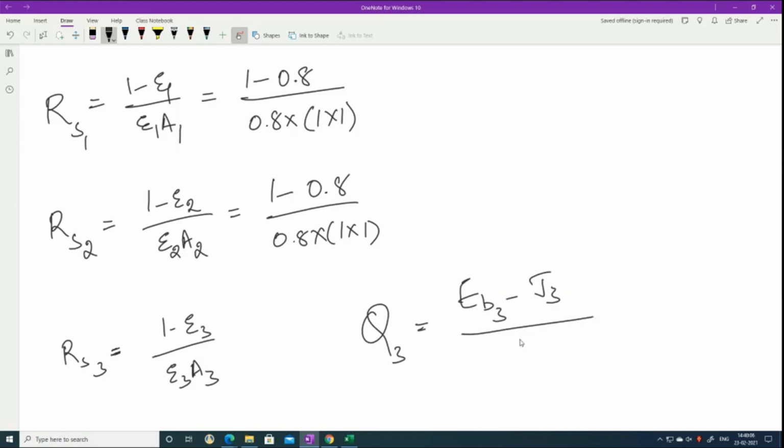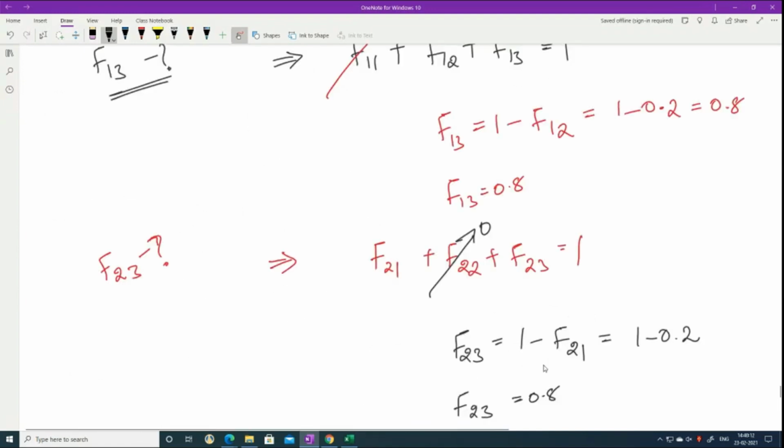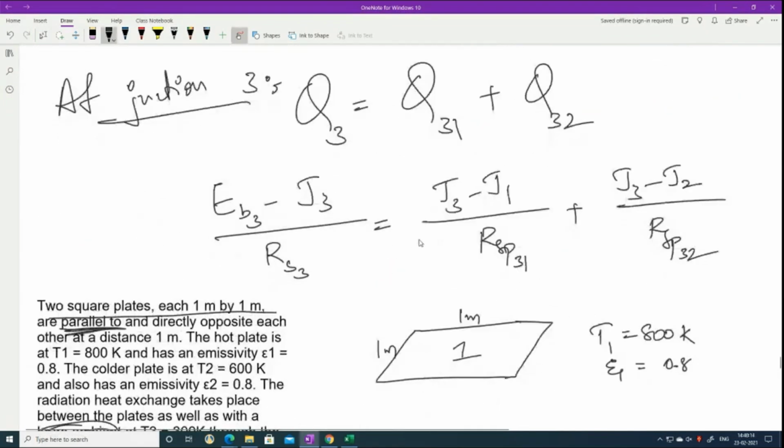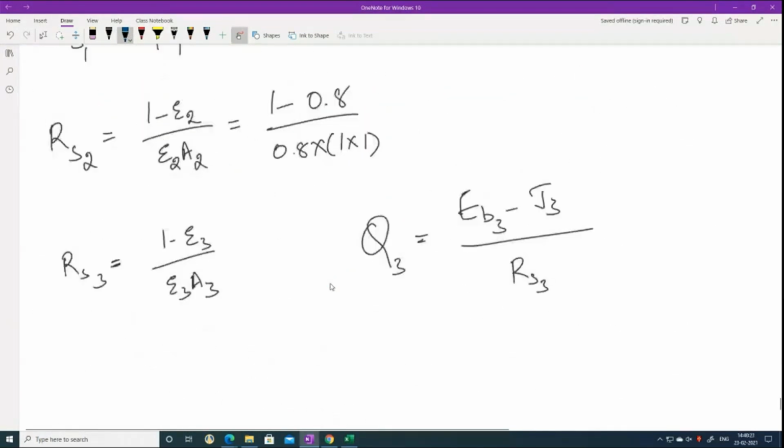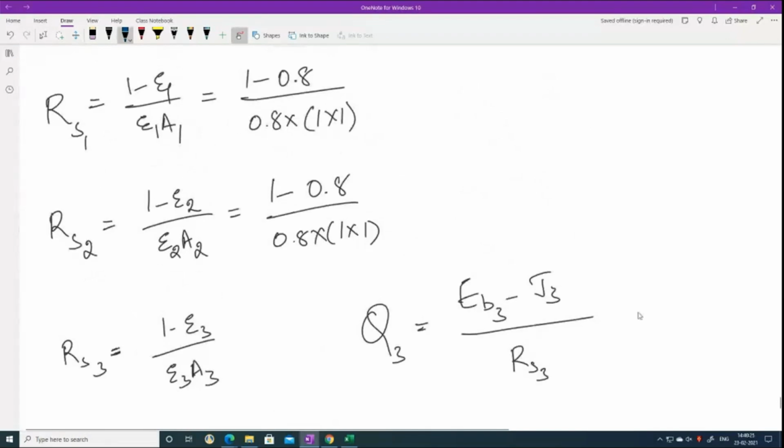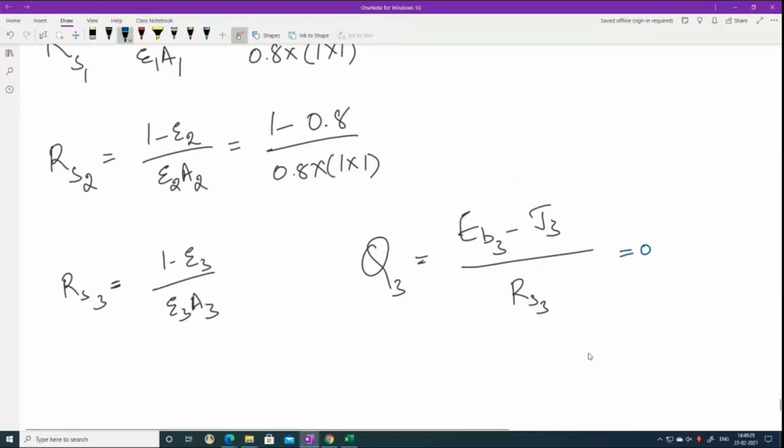Do you understand how this came? Did you understand or not? Yes, sir. I told you here the Q3 formula; this is the formula. This is what I have written. This is the formula for Q3. What I'm saying is this effect is equal to 0. So what happens is EB3 is equal to J3.